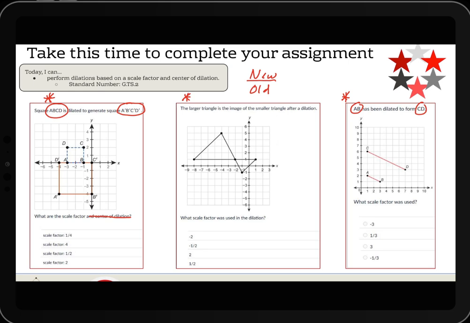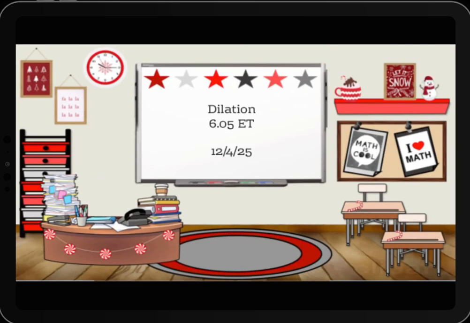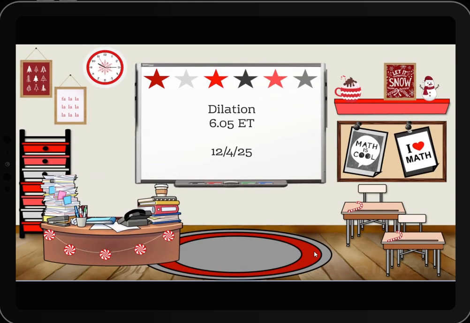And then you can compare those lengths and also just deduce which particular value you're supposed to come up with. If something's getting larger, we know there's a specific rule that you have to follow, and we know a specific range of values for scale factor when it is getting larger as opposed to when it's getting smaller. Okay, and that's going to be our lesson 6.05 over dilation as it relates to similarity and scale factor.